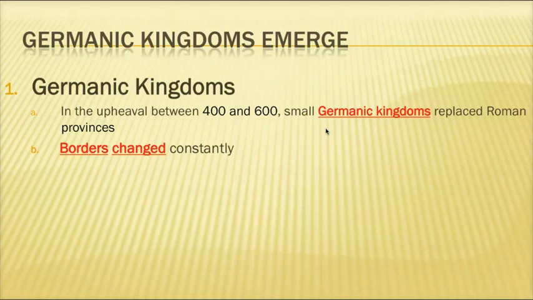Borders changed constantly. There was never really an established kingdom or empire in the years following the Romans, just because the Germanic people often fought each other and there was not any true country that developed. That's not going to happen for nearly 1,000 years, as we get towards the end of the Middle Ages.